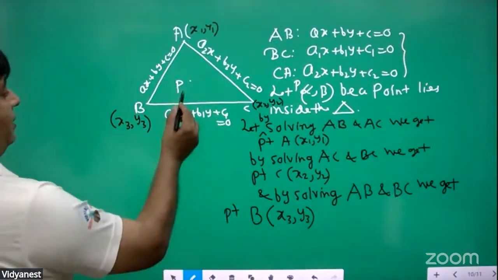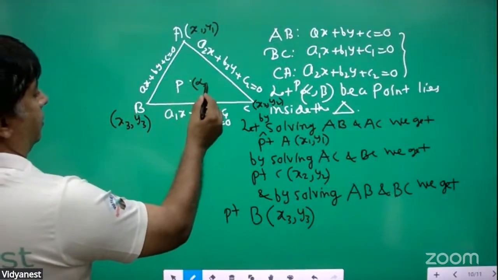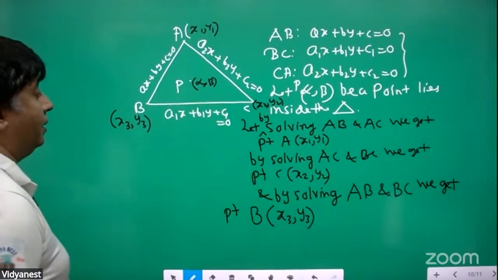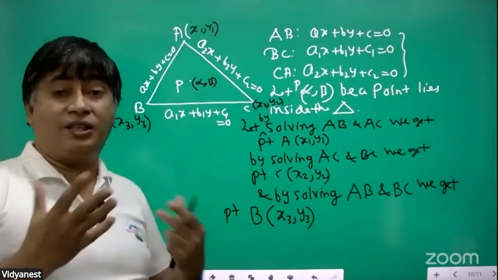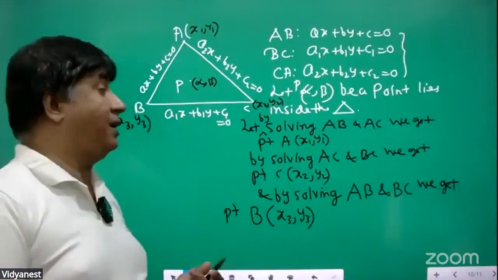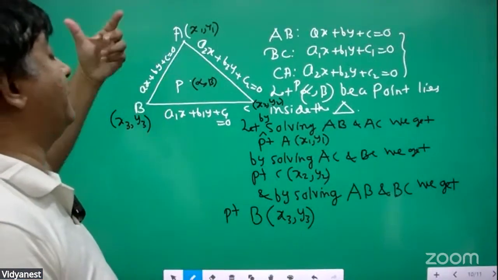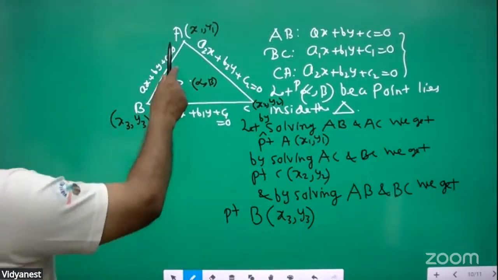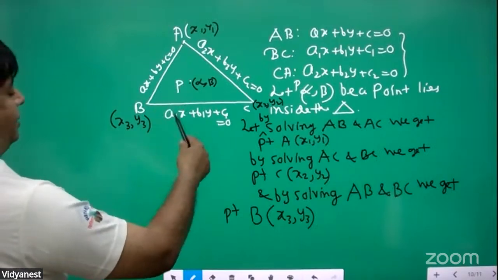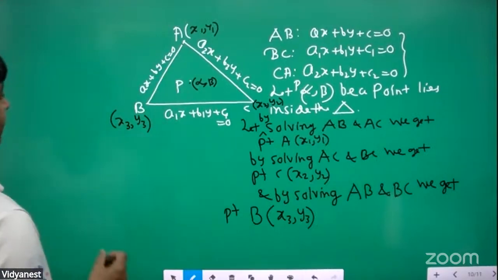And P point is (alpha, beta). Now, we will make a condition which will imply that P lies inside the triangle because we have already let it. Now, A and P lie on the same side of BC.